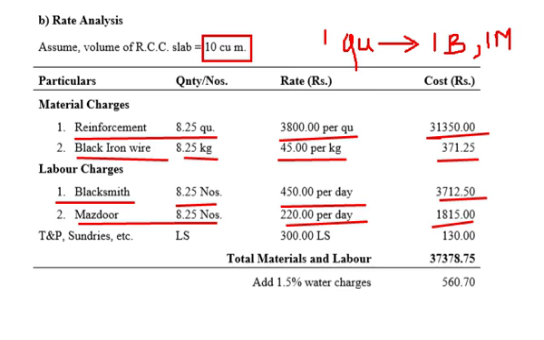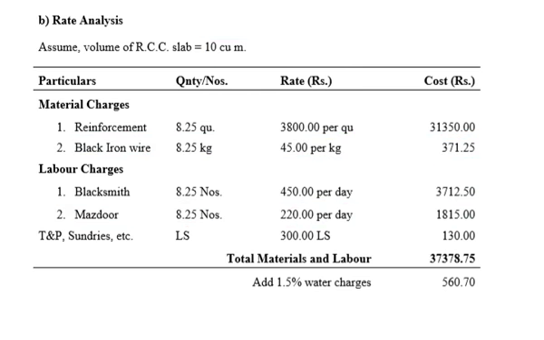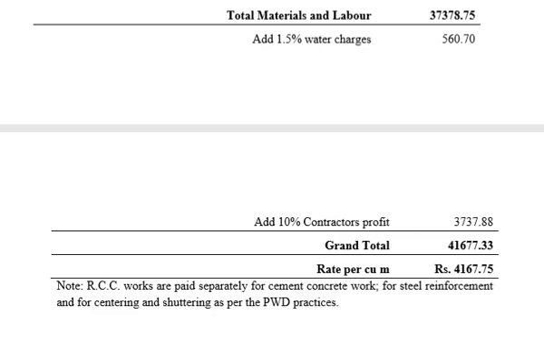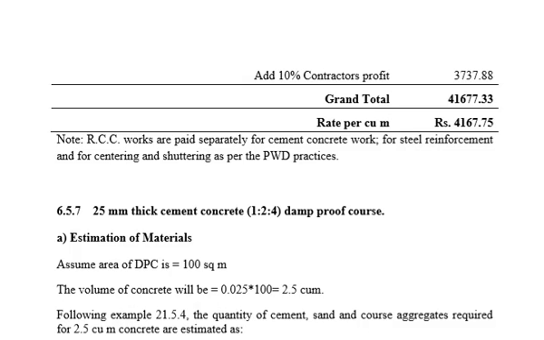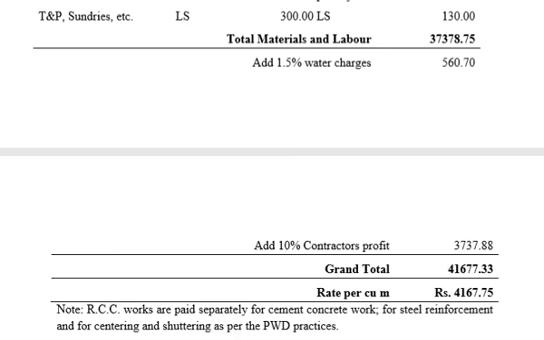Add some water charges 1.5%, that is 560 rupees, and 10% contractor profit, 3730.